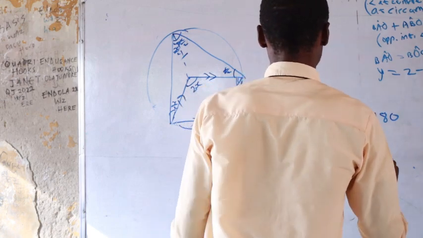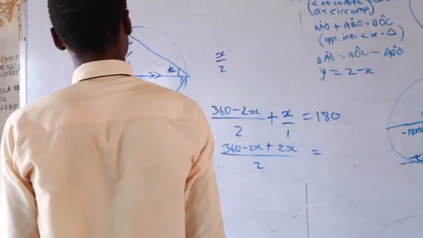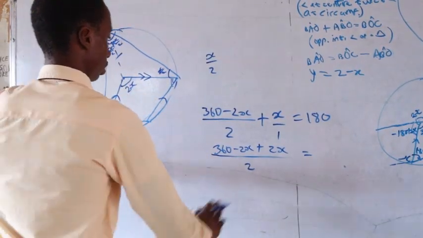Because when you have minus 2l plus 2s, it will give you 0, and there's no variable again in the solution.